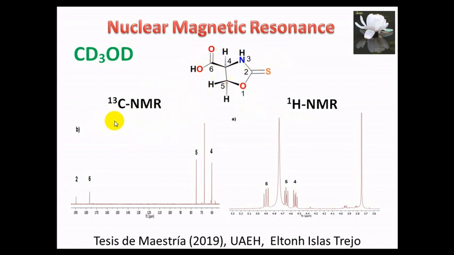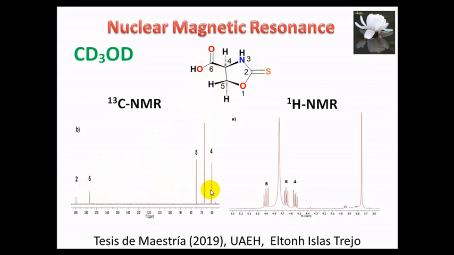In the 13 carbon spectrum, we find 4 signals for this compound. These signals are assigned to the carbon atoms 2, 2, 4, 4, 5, 5 and 6, 6.